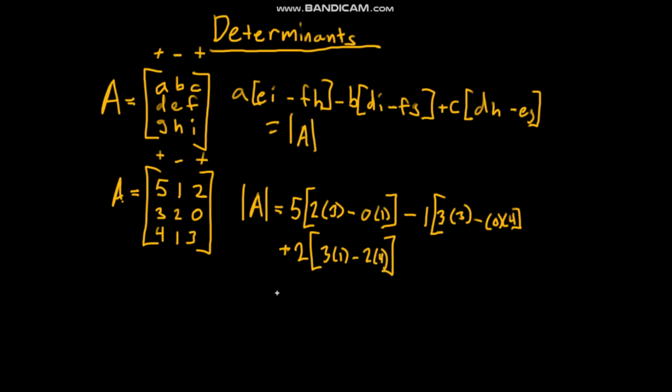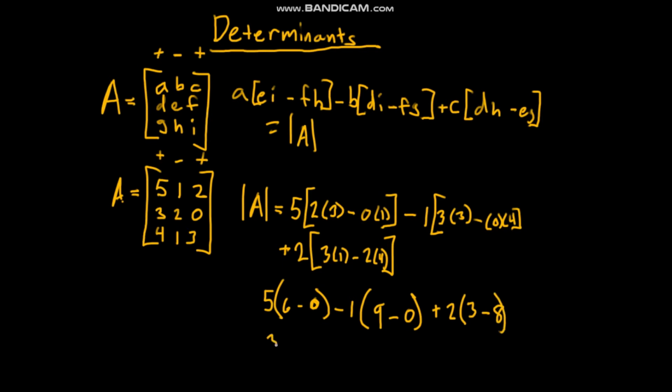And we can break that down smaller, so it'll be 5 times, what is this? 6 minus 0, that's a 6, minus 1 times 9 minus 0, plus 2 times 3 minus 8.